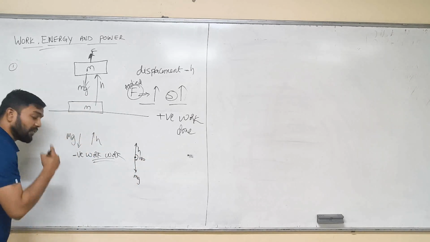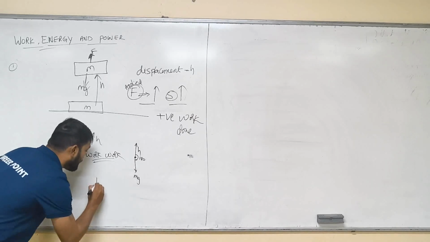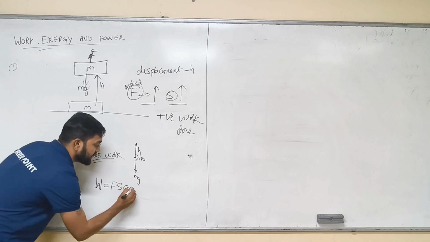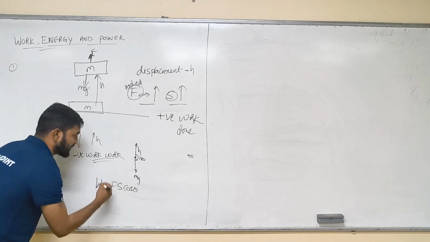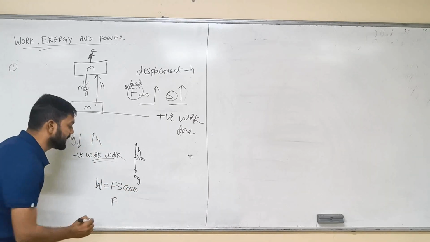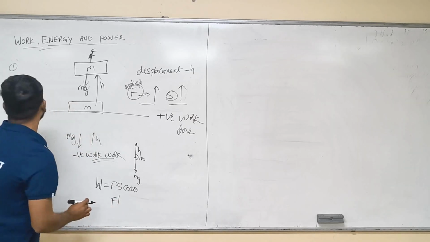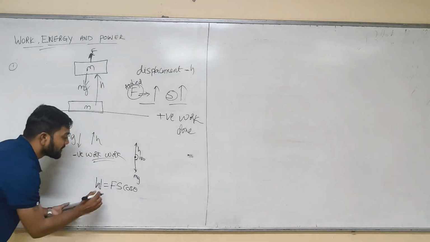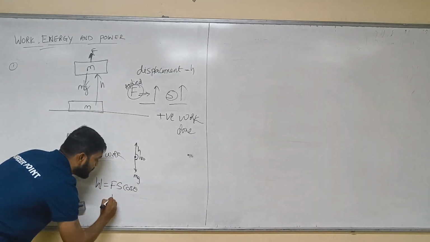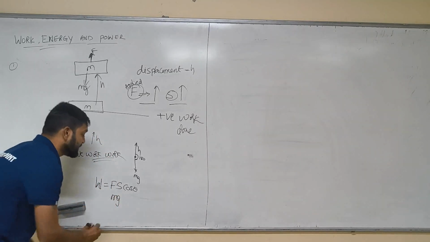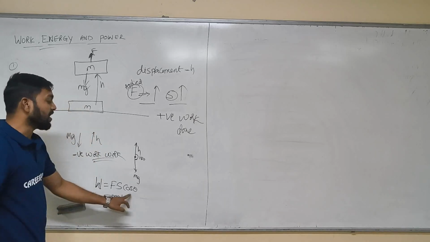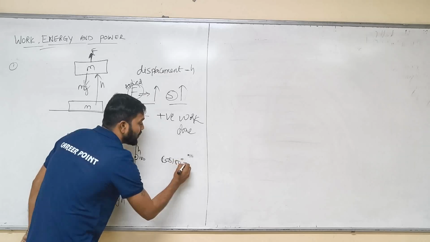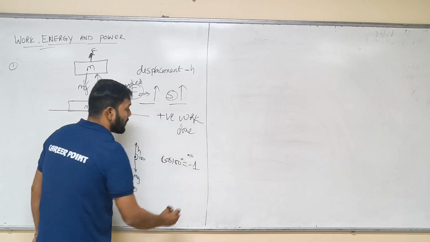We know that the work done is equal to force into displacement into cos theta. The force, let us take F, is the gravitational force mg, and the displacement S is h. And cos 180 degrees will be equal to -1.